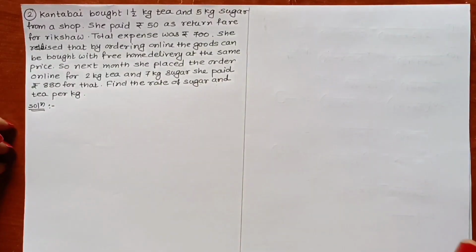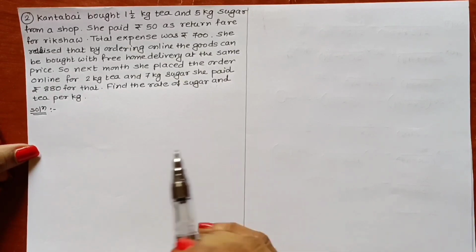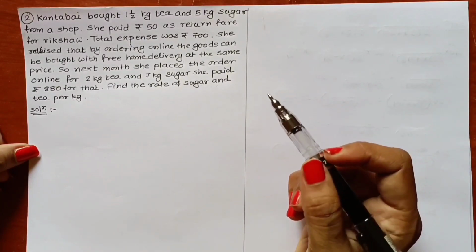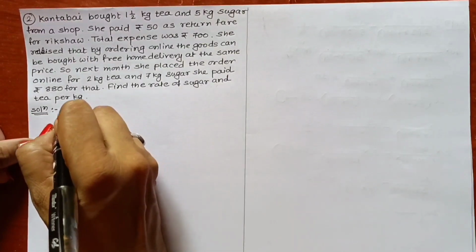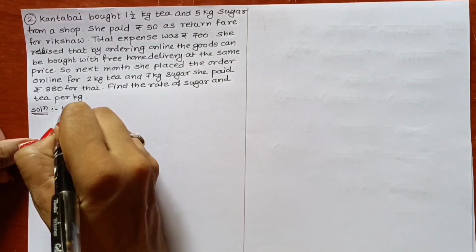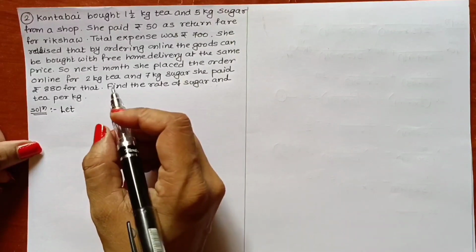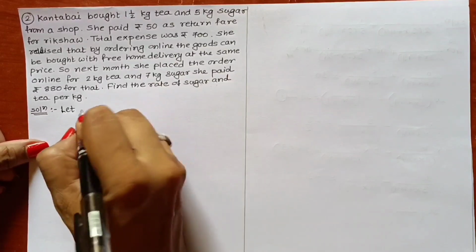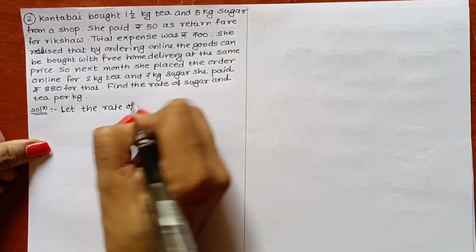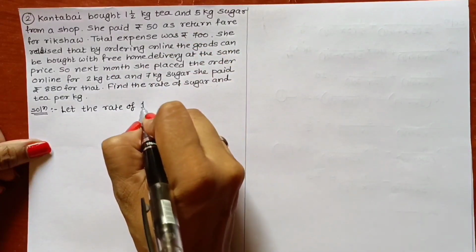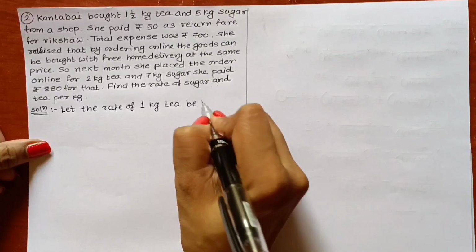So what will we have to imagine? We have to assume the 1 kg rate of sugar and 1 kg rate of tea. So let us assume. You can write let us suppose, or suppose that, or let, you can write anything. Let the rate of 1 kg tea be x rupees.